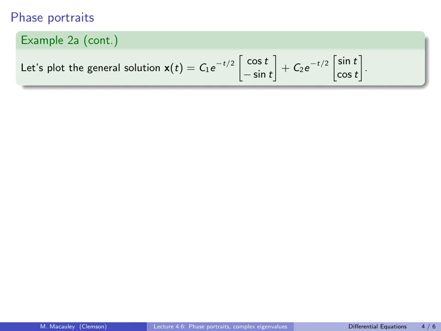Let me call this u of t, like we did in the previous slide, and let me call this w of t. So u of t is a vector valued function, u1 of t, u2 of t. So it's actually two functions.